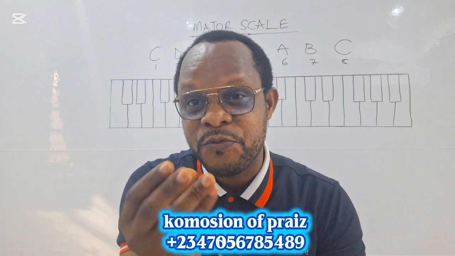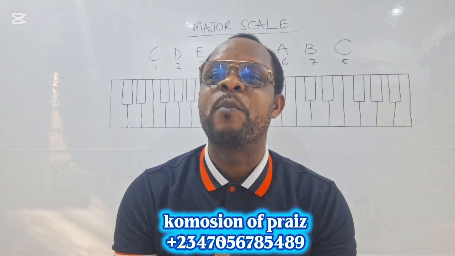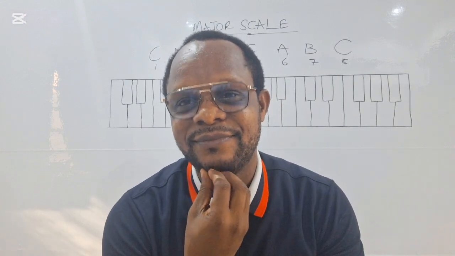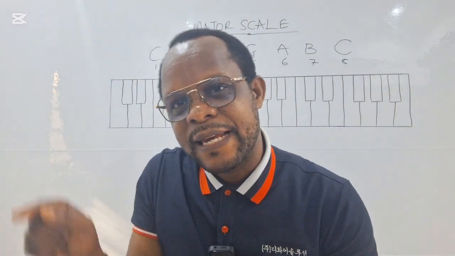Types of scale. To mention a few, we have the major scale, the minor scale, and the chromatic scale. But we are going to talk only about the major scale. A major scale consists of 7 letter alphabets, with the first repeated at the last, which makes it 8.